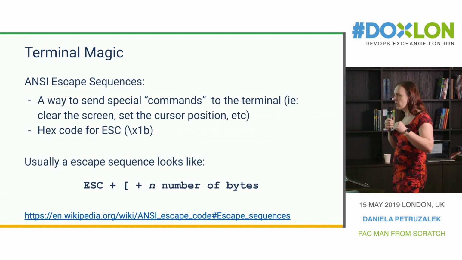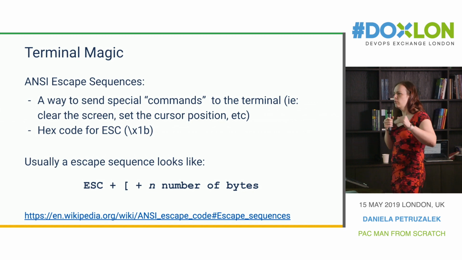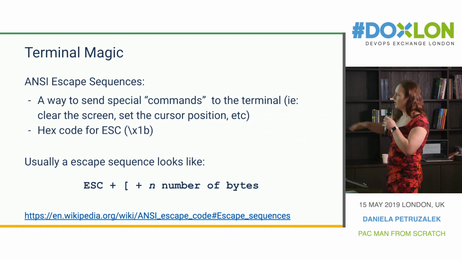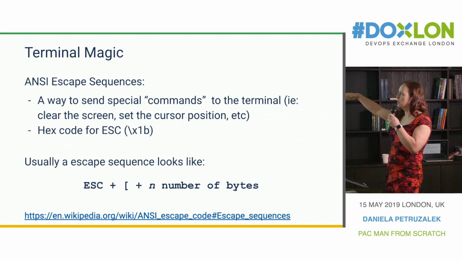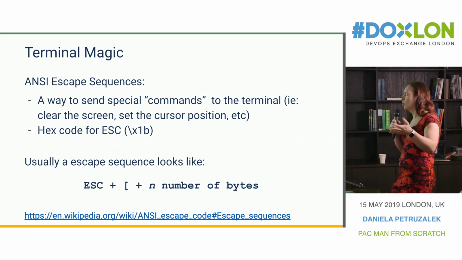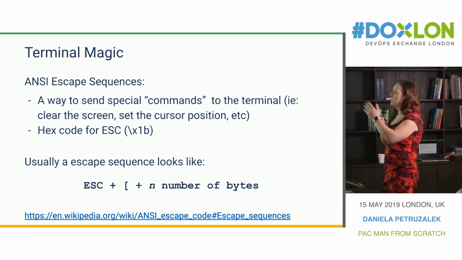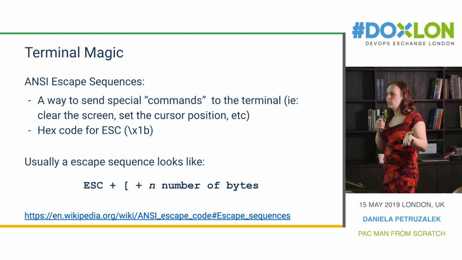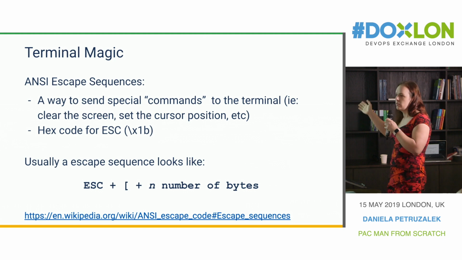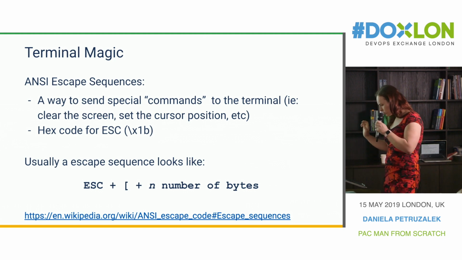For instance, you have an escape sequence to move the cursor to a different position, an escape sequence to clear the screen, and so on. Usually they look like this: ESC, the escape character, hexadecimal 1B, plus the square bracket, plus a number of bytes that, depending on which byte you submit, give you a different command.